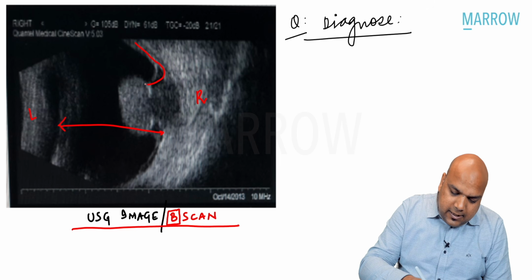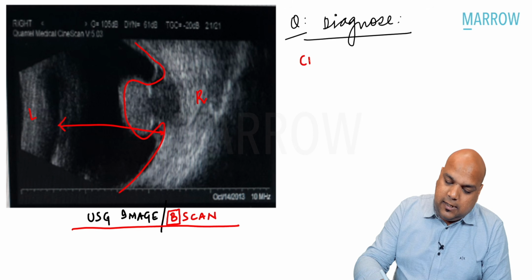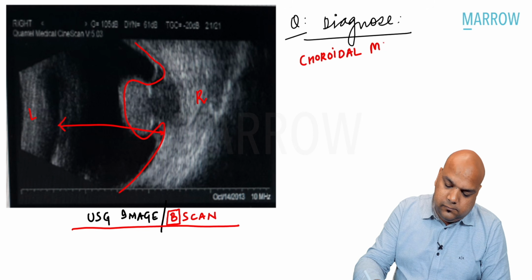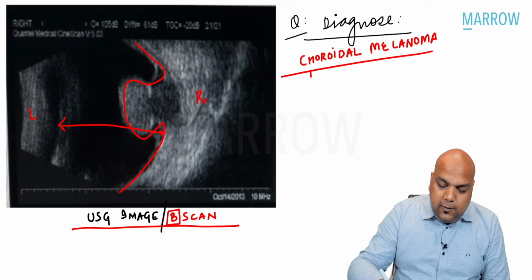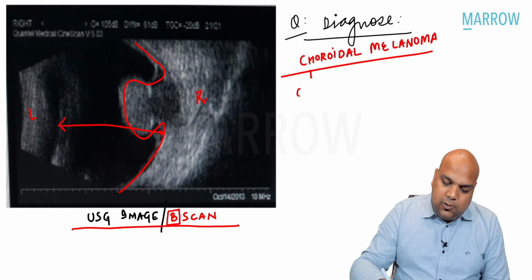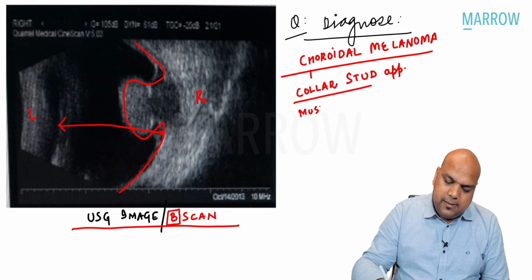So we see that there is a tumor growing attached to the retina. So is it retinoblastoma, sir? This is a case of choroidal melanoma. Choroidal melanoma presents with this collar stud appearance, or called mushroom appearance.